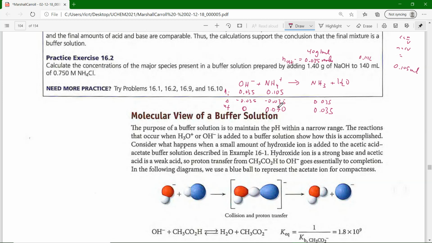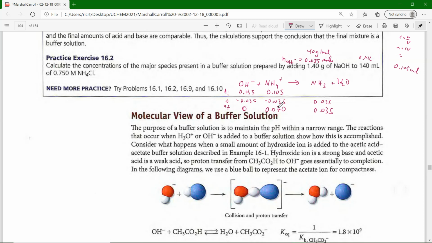Let me go to practice exercise 16.2. NH3 is 0.025 molar. Was that a 2? No, 16.2. Cl minus is 0.75.